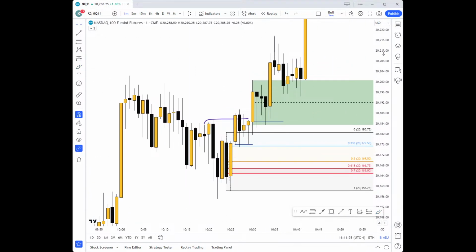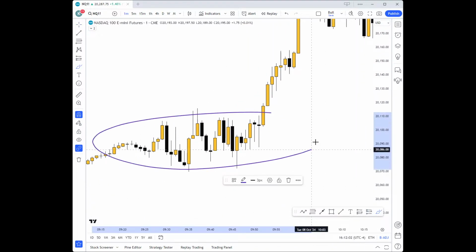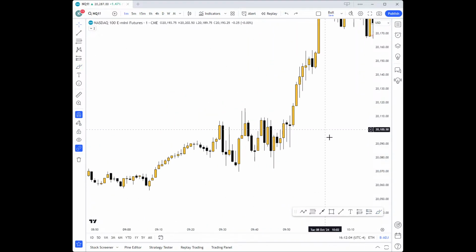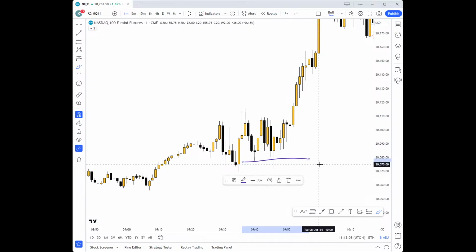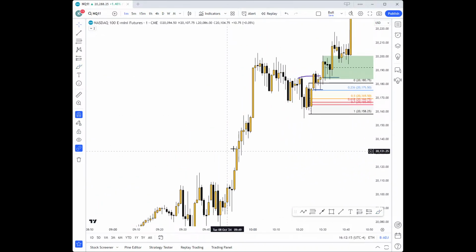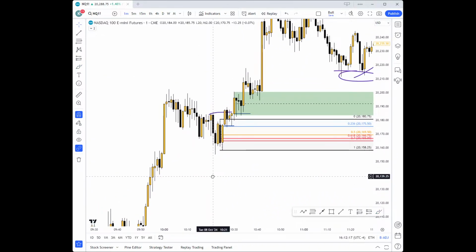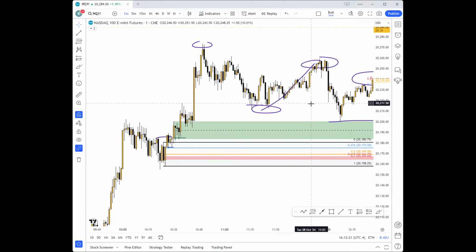Or the continuation thereof after the higher time frame price action. We don't need to necessarily be in here. If you spot it and you're comfortable with what you're seeing, with your failures and your narrative, you can grab that. Beautiful. But there's many trades to be taken on a daily basis.